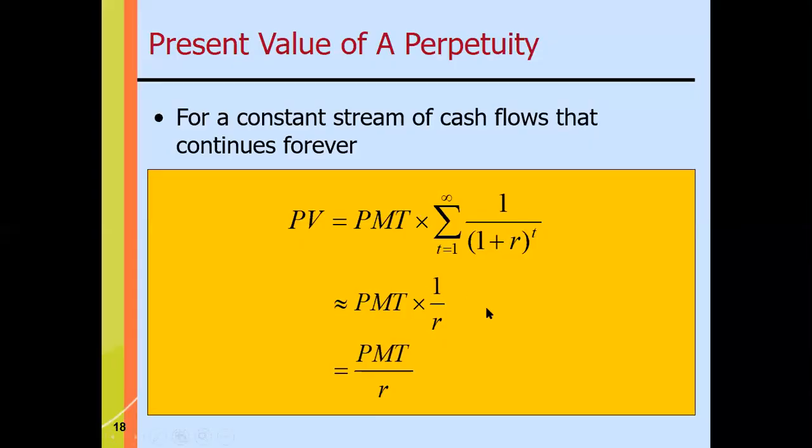Well, that seems automatic, but if t is equal to 1, ladies and gentlemen, this leaves 1 over 1 plus r, right? And then if we do the exponential simplification, that's 1 times 1 equals 1, r times 1 equals r. So that leaves us here with 1 over r. Okay? So I hope that is also clear. And the present value is payment over r.